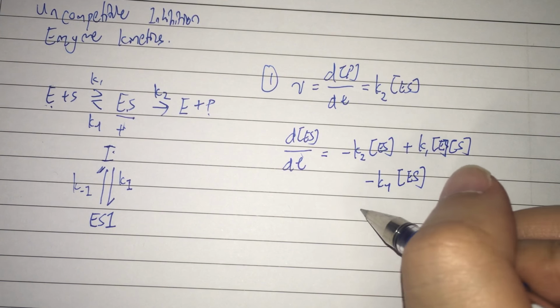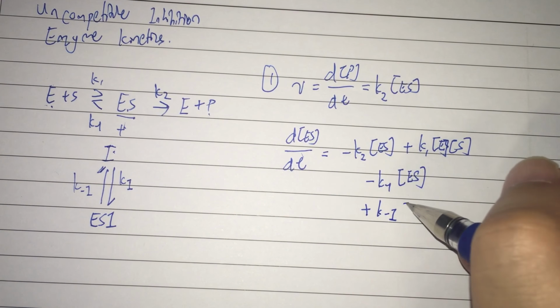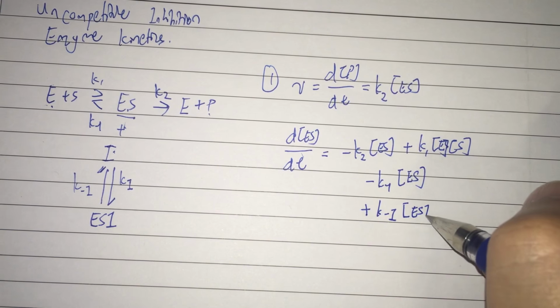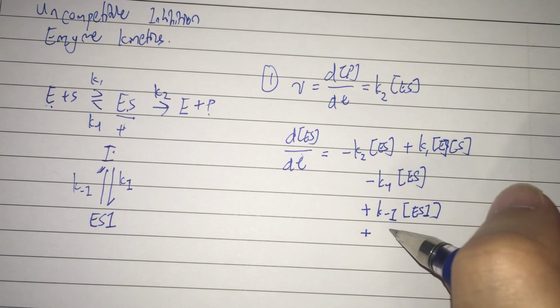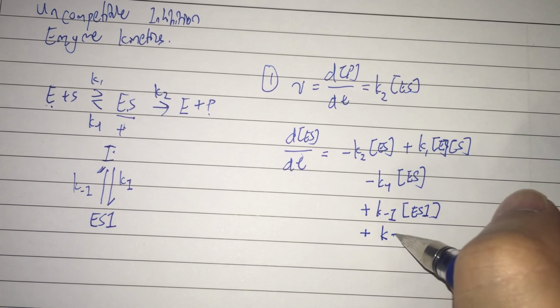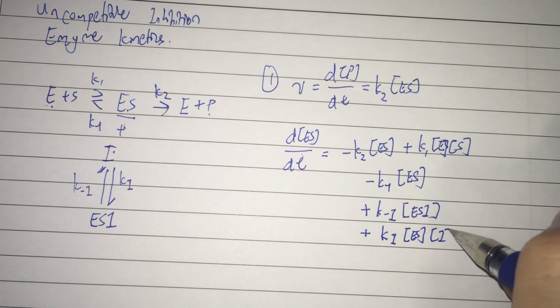Okay, and then plus K minus I into ESI plus Ki into ES and I.